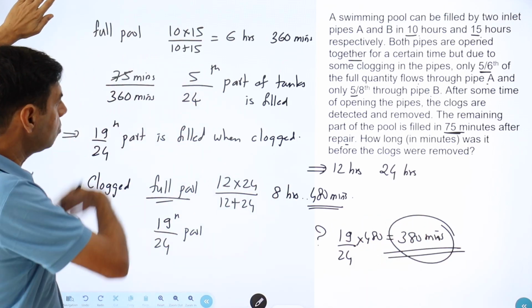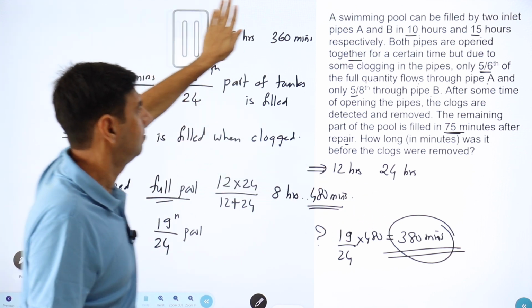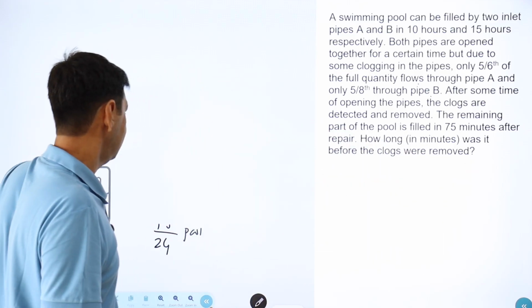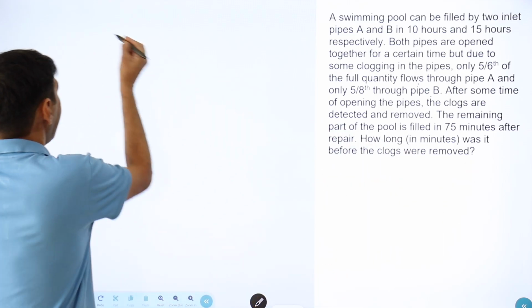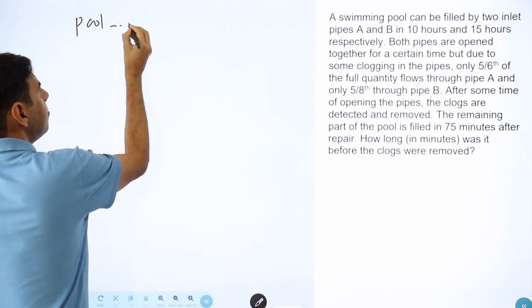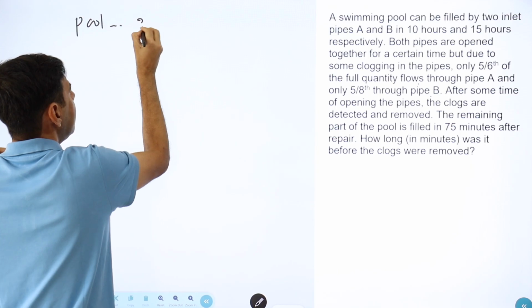Now for those who do not like this too much of thought, then you could have just tried it in the typical way. Assume the tank. So let the pool be equal to the LCM of 10 and 15. That's nothing but 30 liters.